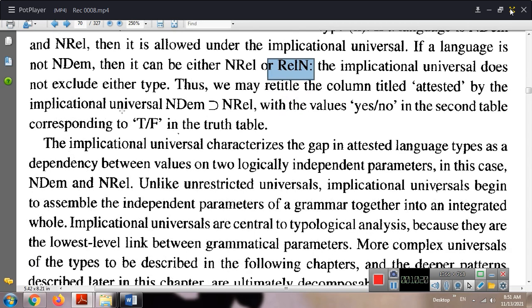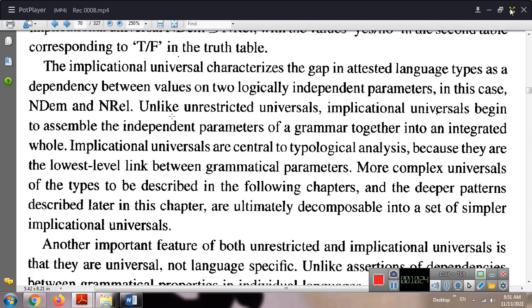Okay, I explain it based on the table. The implicational universal characterizes the gap in attested language types as a dependency between values on two logically independent parameters, in this case, noun demonstrative and noun relative.